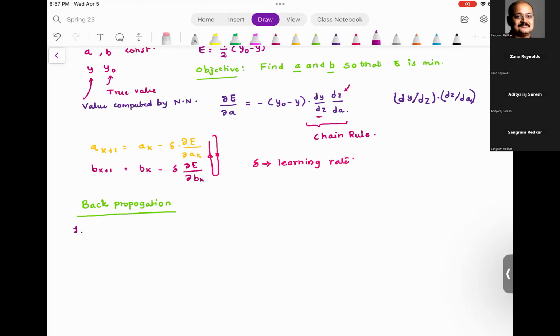First, a neural network is specified along with the labeled training set.